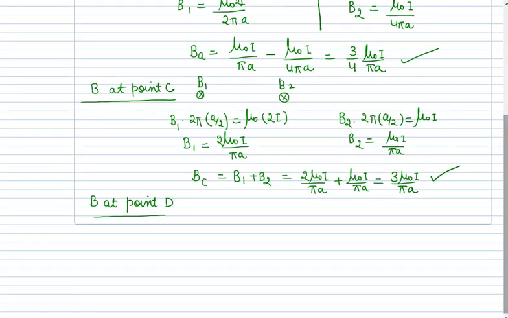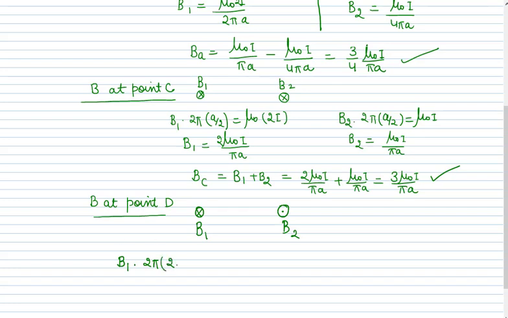So let us write down the magnetic field at point D. We write B1 and B2. B1 is in the downward direction for point D, and B2 is in the upward direction, because these two are in the reverse direction. So for the first wire we can write B dot dl, it is 2 pi into 2A, is equal to mu naught 2I.